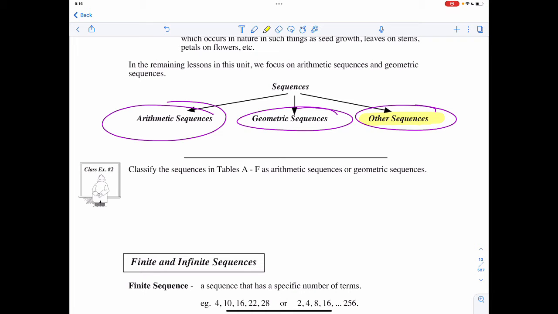So, all of the examples that we had on the previous page were either arithmetic or geometric.